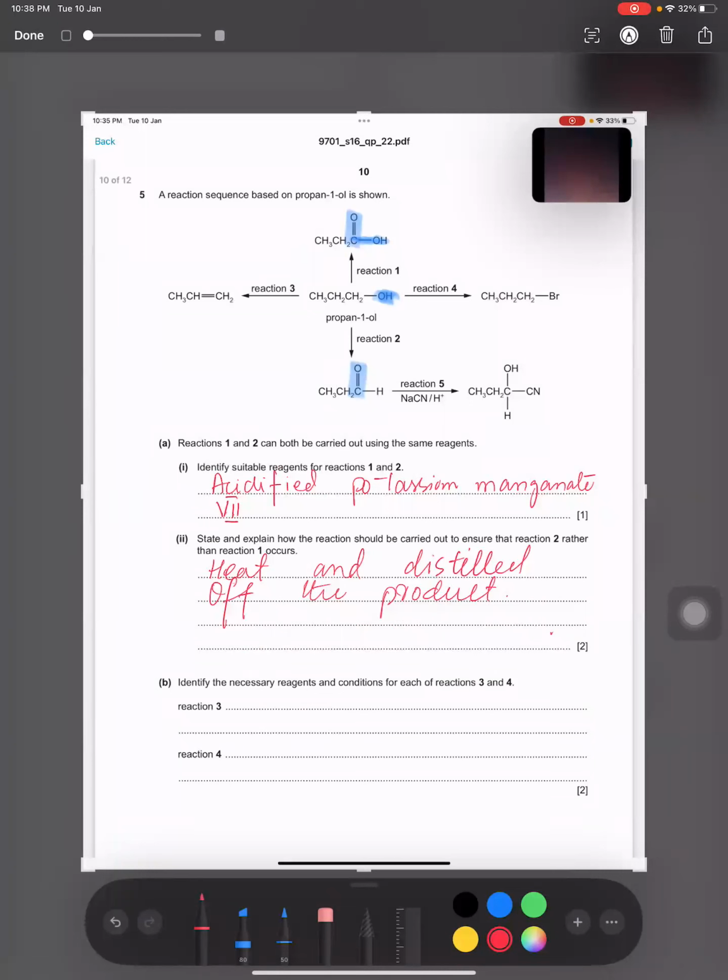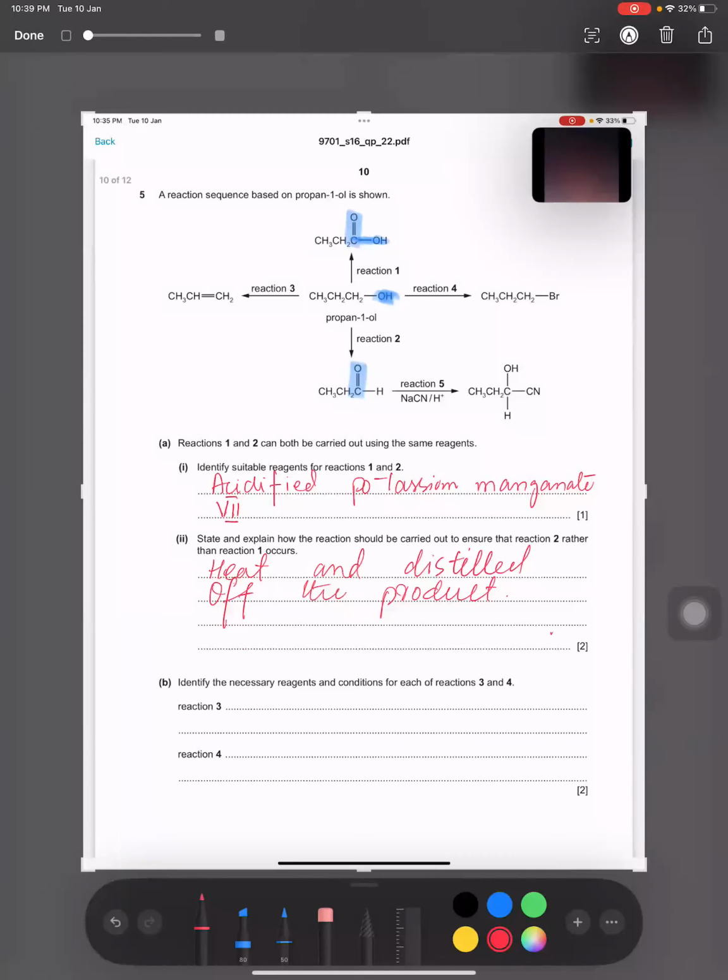Because potassium dichromate is a bit weaker than potassium manganate and it can work well for aldehyde, because with potassium manganate there are chances that it will complete the reaction since it is a strong oxidizing agent. So if you write potassium dichromate it would be better. Otherwise this will also work. अगर आप याद रख सकते हैं तो कोशिश करें कि आप पोटेशियम डाइक्रोमेट ही यूज करें, ठीक है?